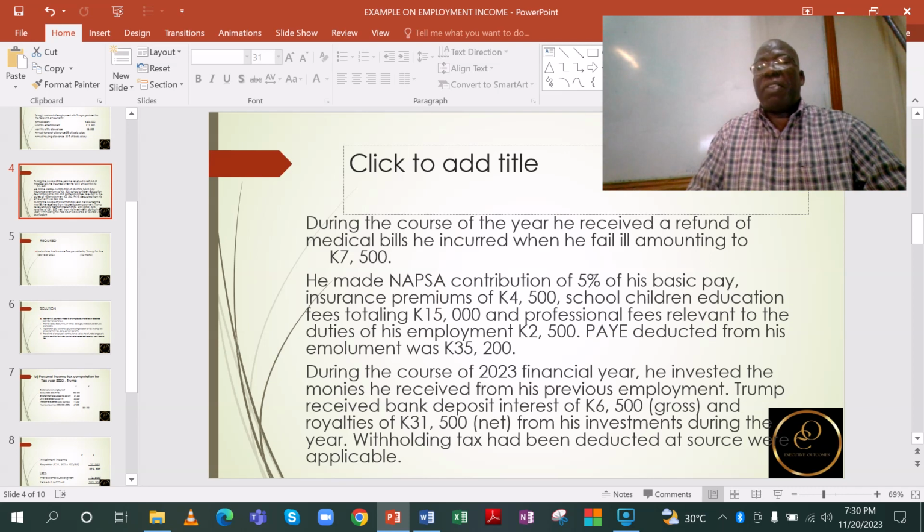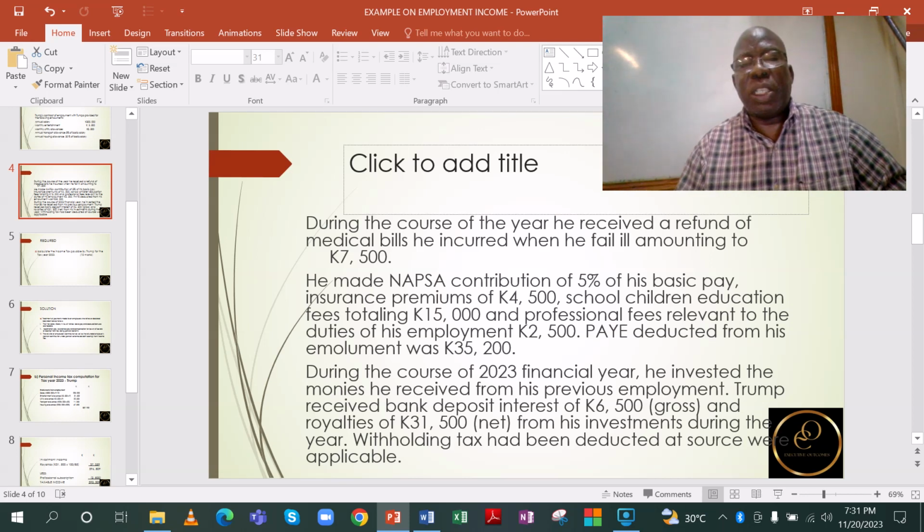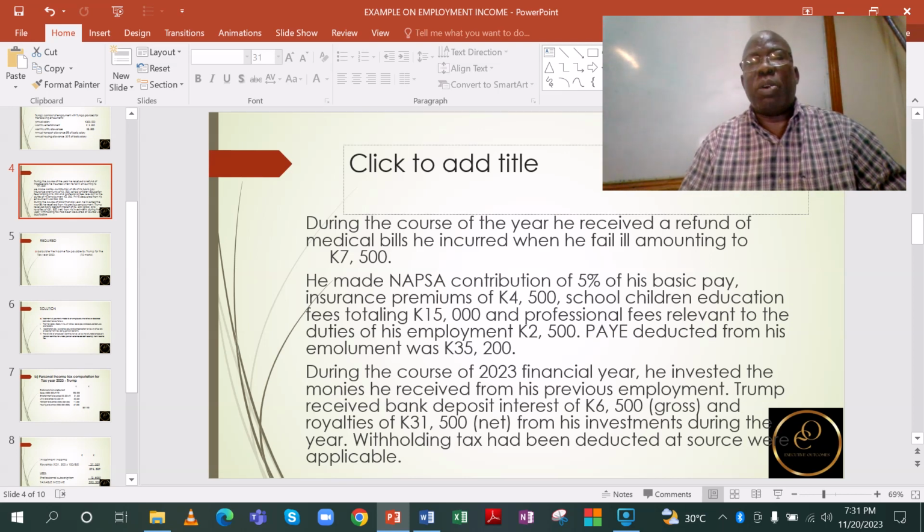So the company should have paid for him. Since it is him who paid, we are going to have that benefit transferred to him, because this is relevant for his duties in employment.